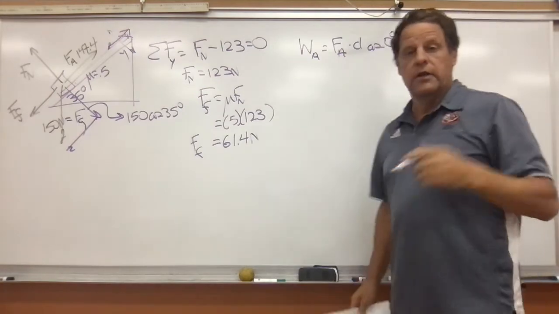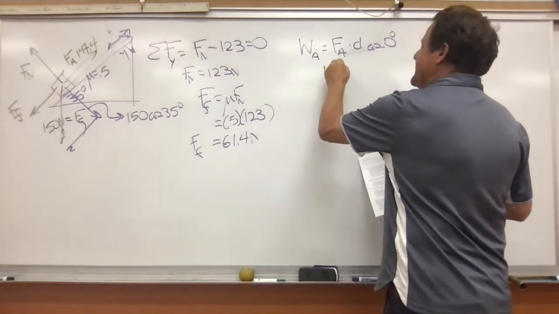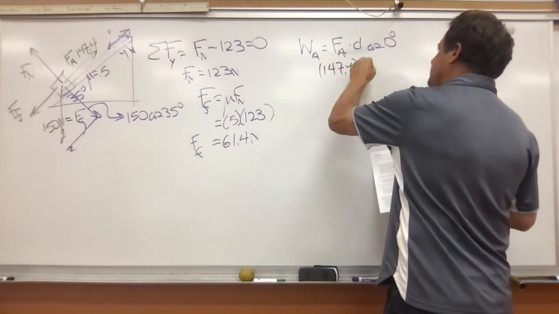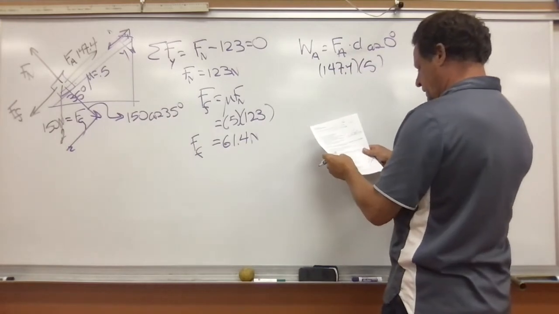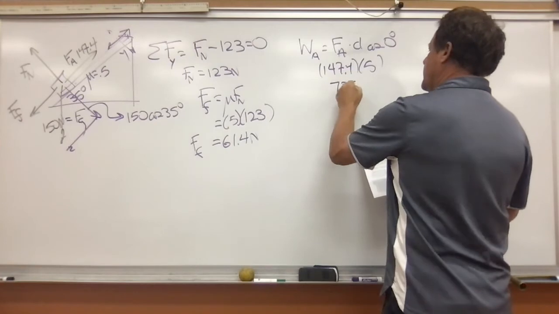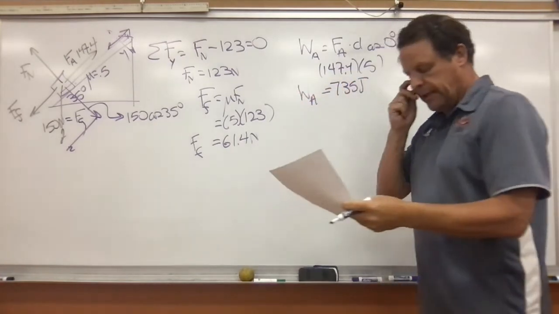And in this case, they are parallel, so the angle is 0. 147.4 times 5 is going to give us 735 joules. That would be the work applied.